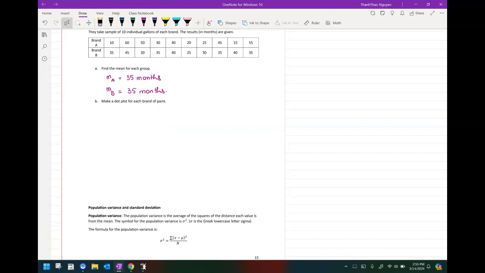Okay, so we have brand A. We start with brand A first, and we try to create our number line. The highest number here is 60.